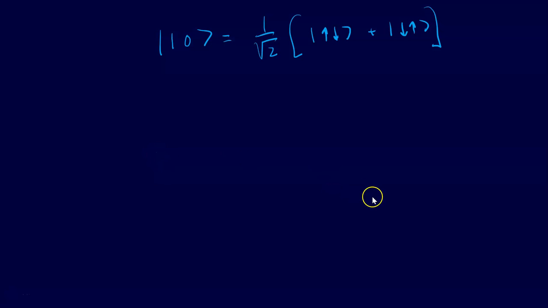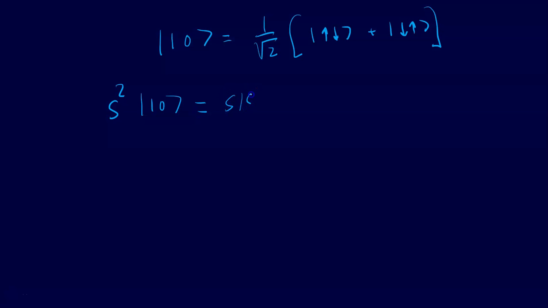Now, I just wanted to talk about the broad strokes of this. Technically, what you'd want to do now is show that if I apply S², the total spin squared operator, on this thing, what do we get?